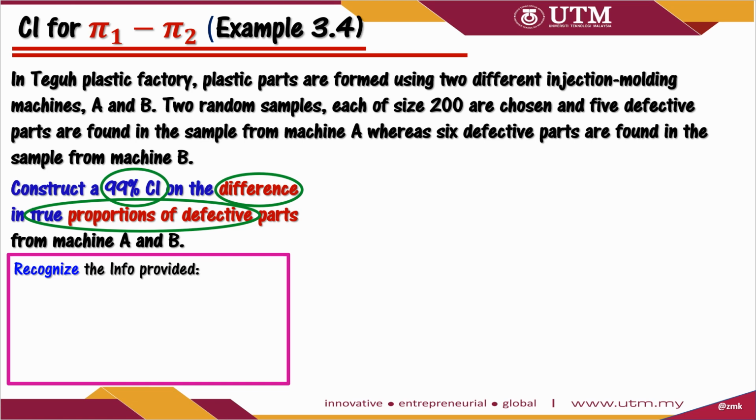For example, we have N1 and N2 equal to 200, X1 equal to 5, and X2 equal to 6, where X1 and X2 are the number of defective parts from machine A and B respectively. As in the previous example on finding the point estimate for pi1 minus pi2, we have all the information written down like this.